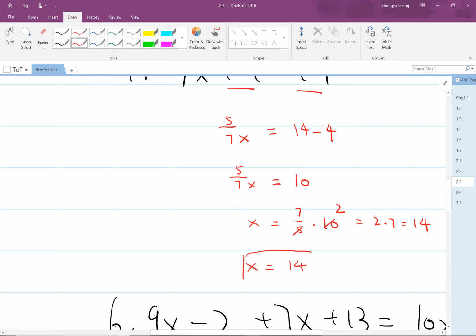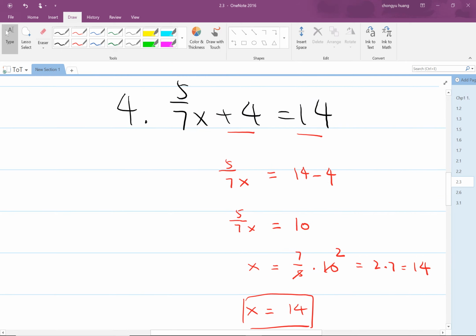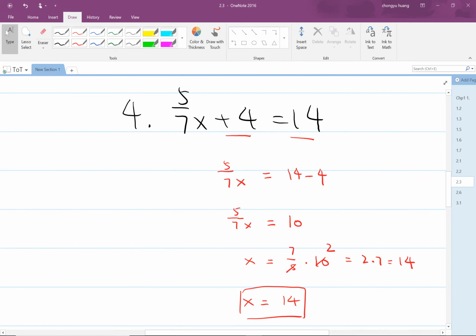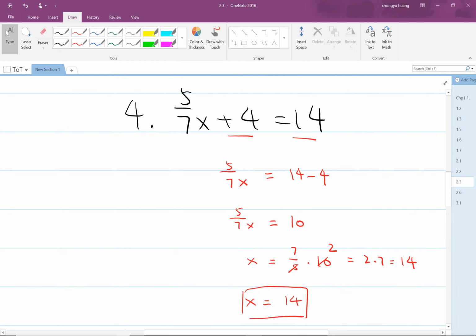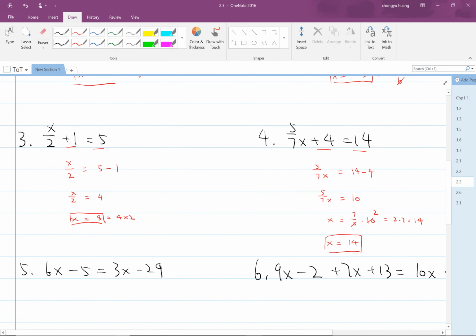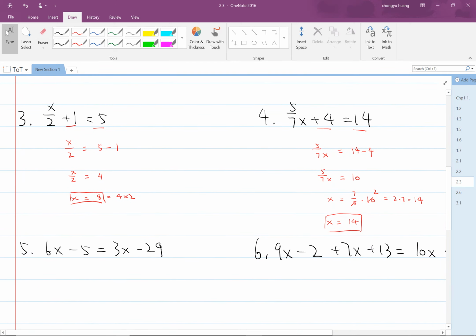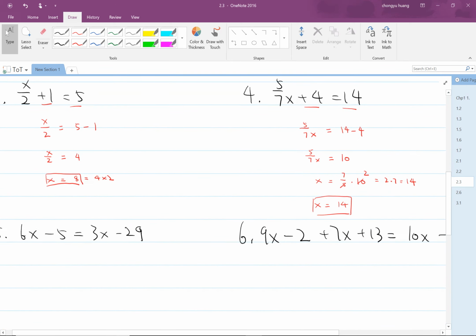Now we actually solve the problem. For question 4, x is equal to 14.